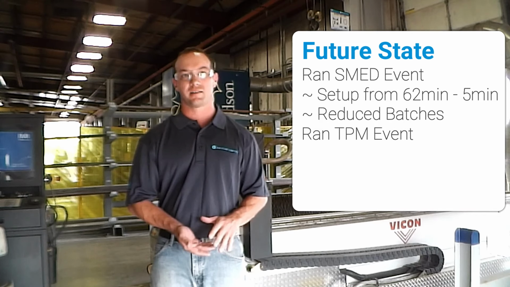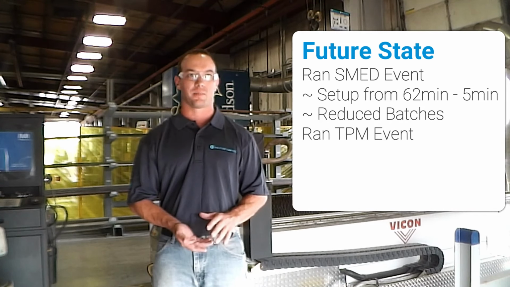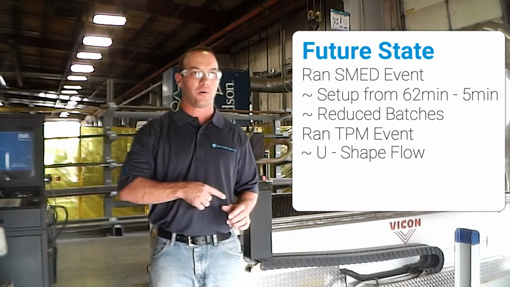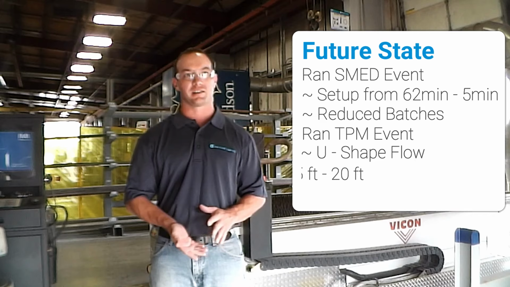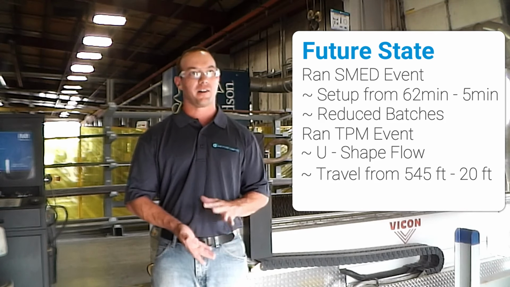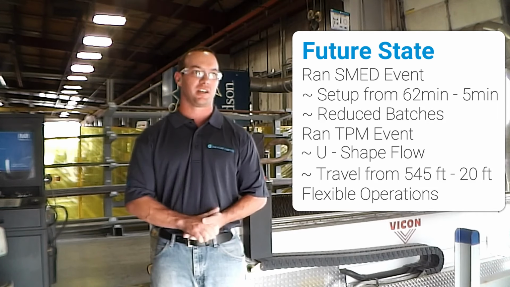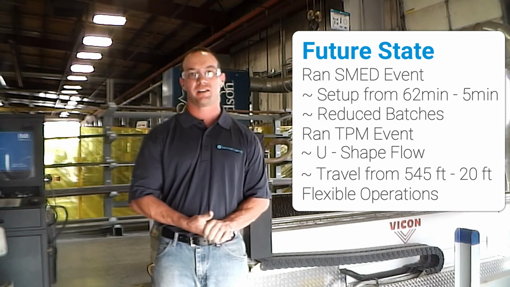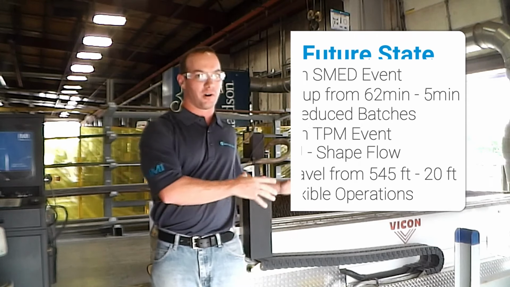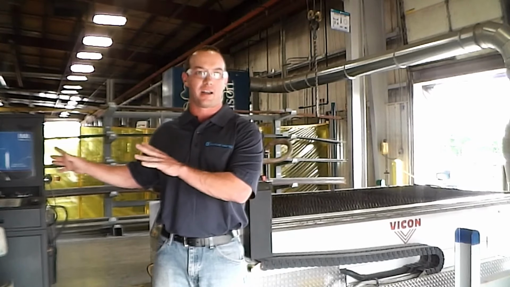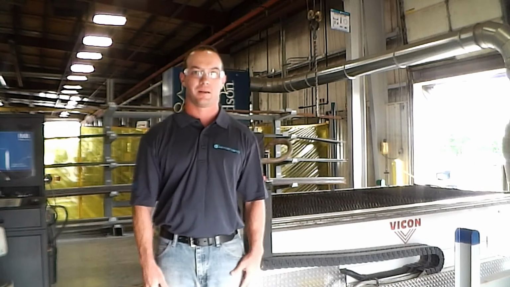We also conducted a TPM event at the plasma table, positioned our equipment in a U-shaped flow, and it reduced our travel distance from 545 feet to 20 feet. Another benefit of this reduced changeover time was that it allowed us to improve our flexible operations by enabling us to move our set shop operators to different areas of the shop that had heavy workloads at that time.